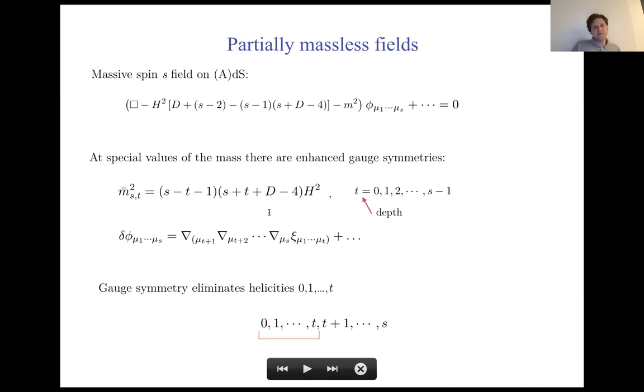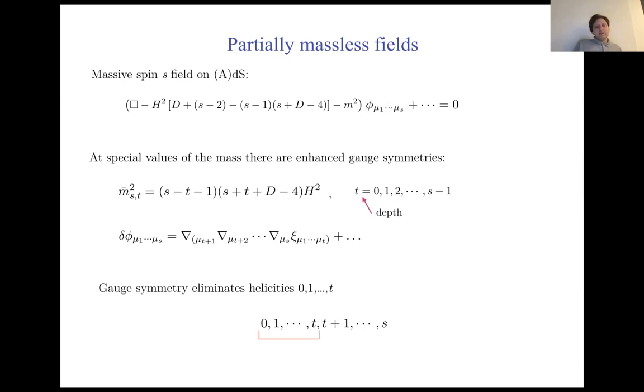Here are these special values of the mass. They're labeled by a parameter t, which is the depth. At depth t, the field becomes invariant under a gauge transformation which has a gauge parameter with t indices, with the rest of the indices filled out by derivatives. When t is equal to s minus 1, that's the ordinary massless degree of freedom, and these other depths are partially massless degrees of freedom.